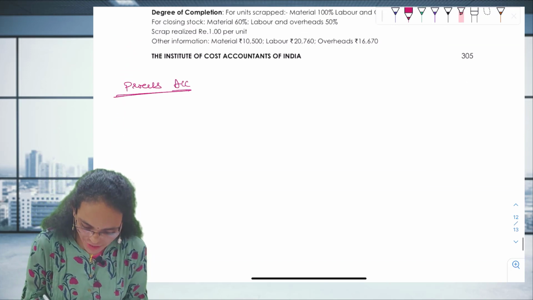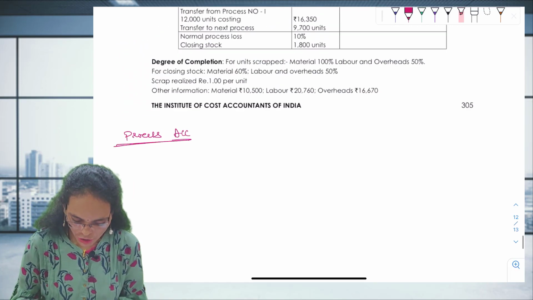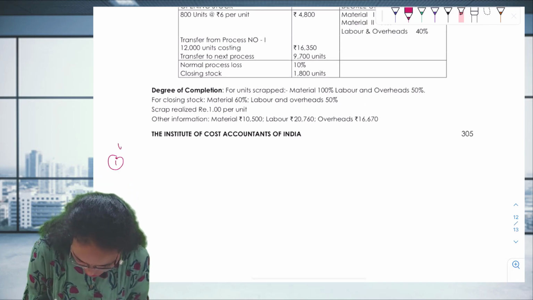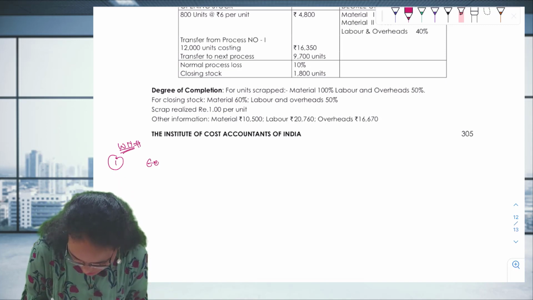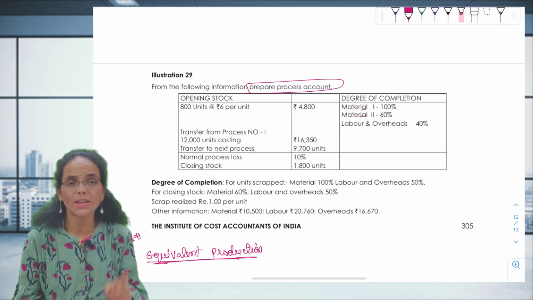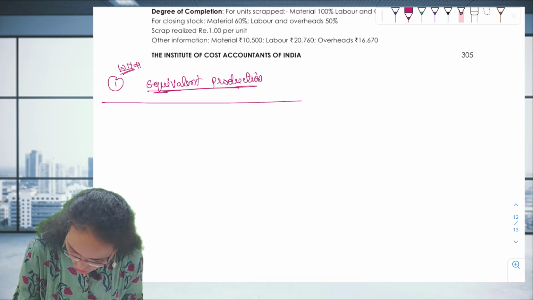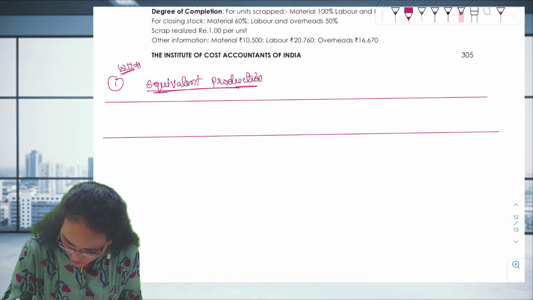Then somewhere further on, after leaving this much space, you write the working note for equivalent production. There are 2 kinds of materials, labor and overhead, so 4 columns are required, sorry, columns.